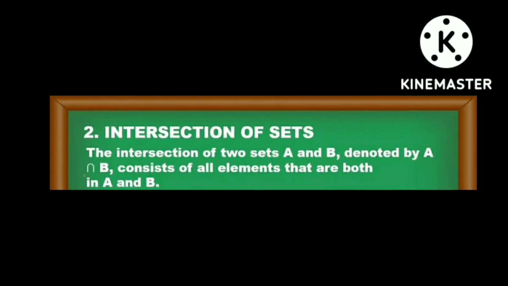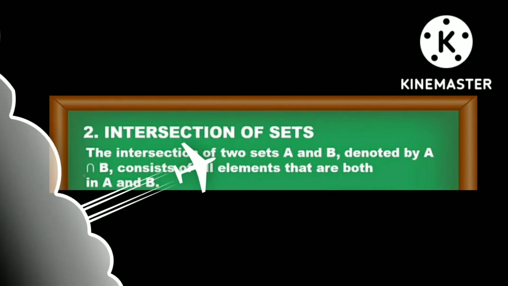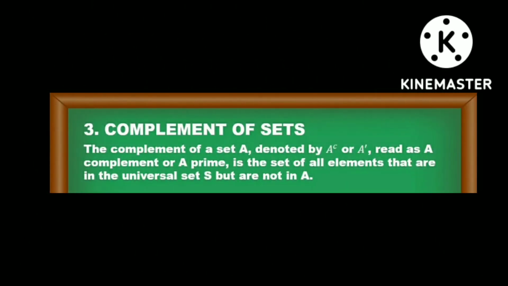Number 2 is the intersection of sets. The intersection of two sets A and B consists of all elements that are in both A and B. Number 3 is the complement of sets.